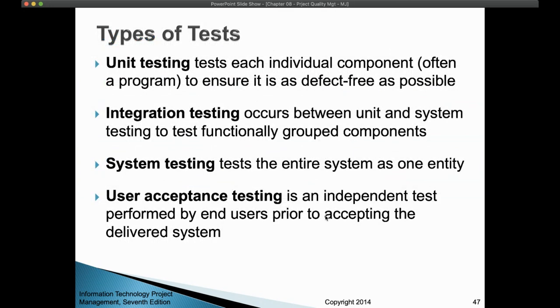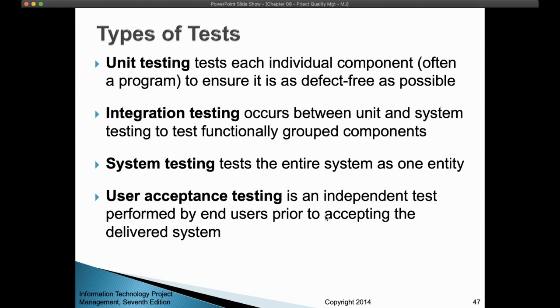So we have unit testing, where you test each individual component of the program, and you have 5-6 developers working on different parts of that system. So each of them will focus, after writing the code of that part, someone needs to check and test this part only, separately. Okay, that it doesn't have defects, so it's defect free.